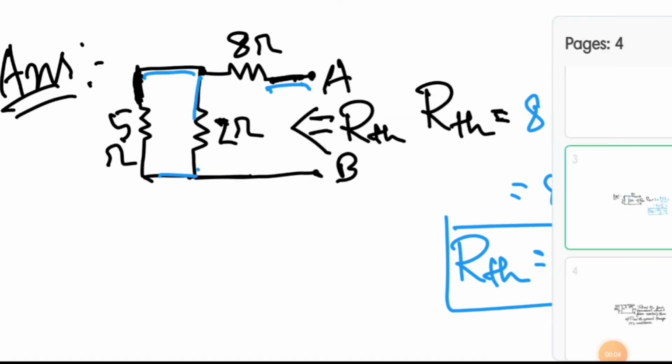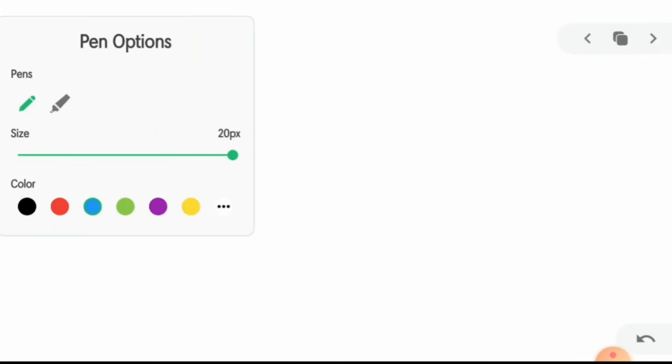Now we need to calculate the Norton's current, which replaces the Thevenin's voltage. We calculated the Thevenin's voltage in Thevenin's theorem, so here there is no need to calculate the Thevenin's voltage. In Norton's theorem, we are calculating the Norton's current. Here also we need to draw the circuit.